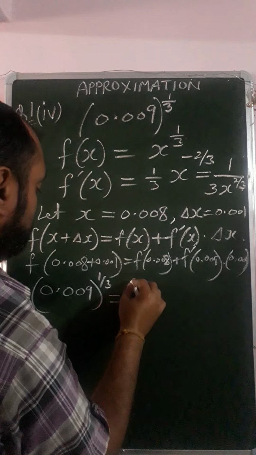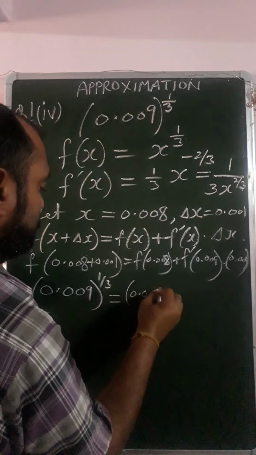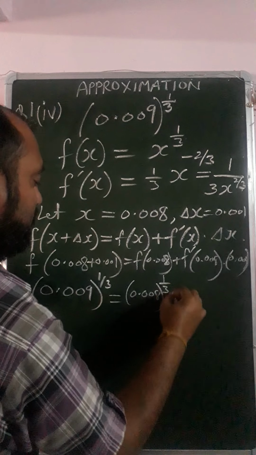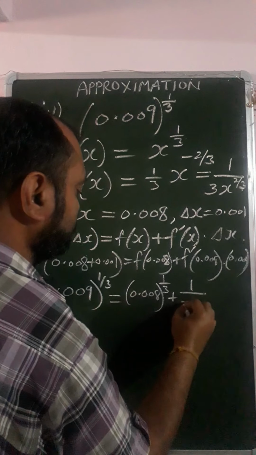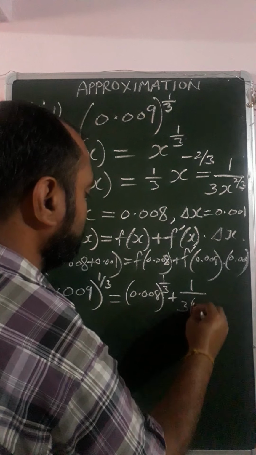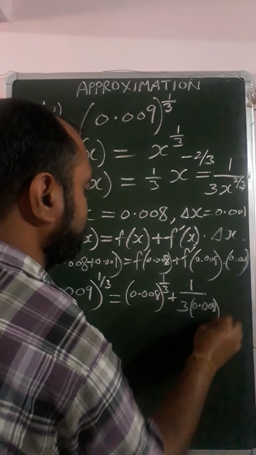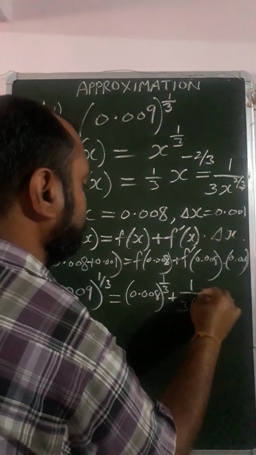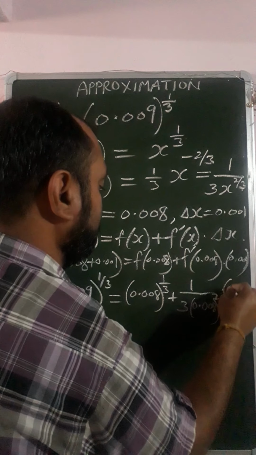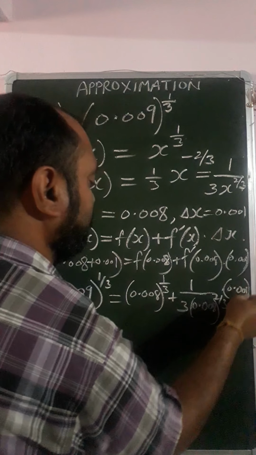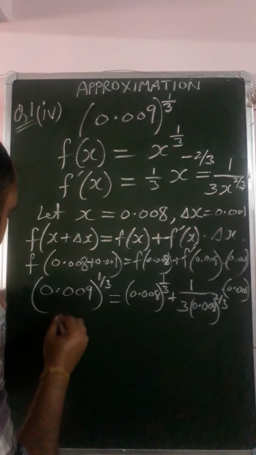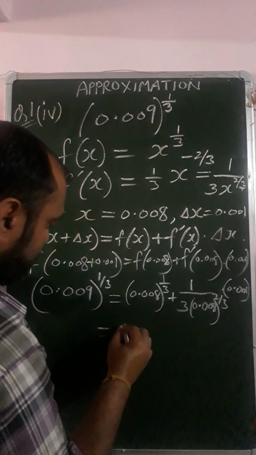This is 0.008 raised to the power 1 by 3, and this is 1 over 3 into 0.008 raised to the power 2 by 3 into 0.001, right? Now its value is 0.2.